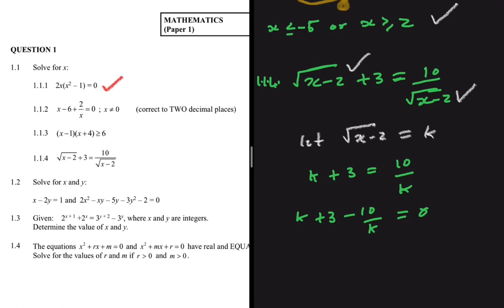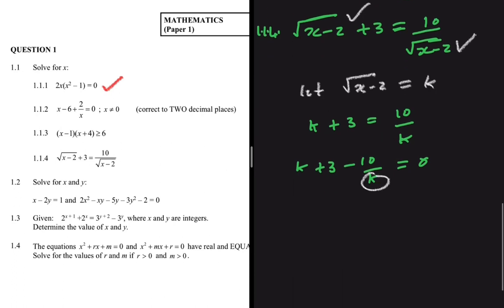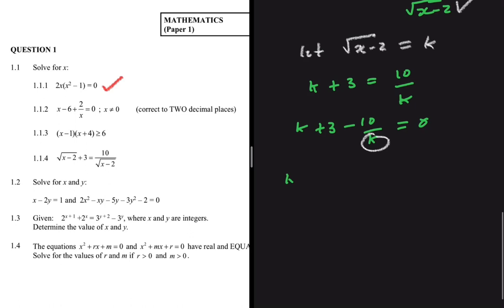This k is troublesome, so let's multiply through by k so that we can have our usual form, something we are used to. If we do that, we get k squared plus 3k minus 10 is equal to 0. We want to factorize now. Which two numbers multiply to give minus 10 and add to give plus 3?